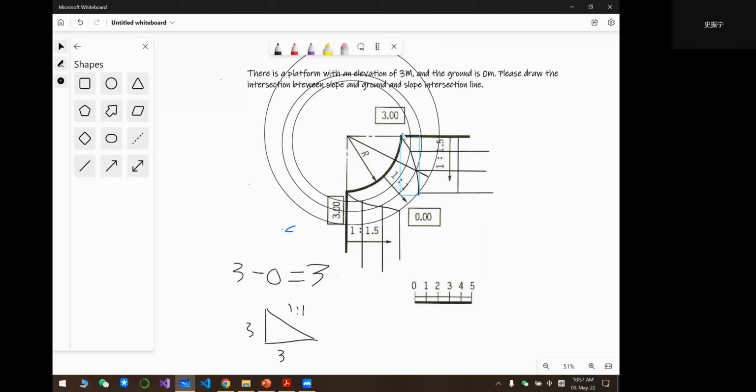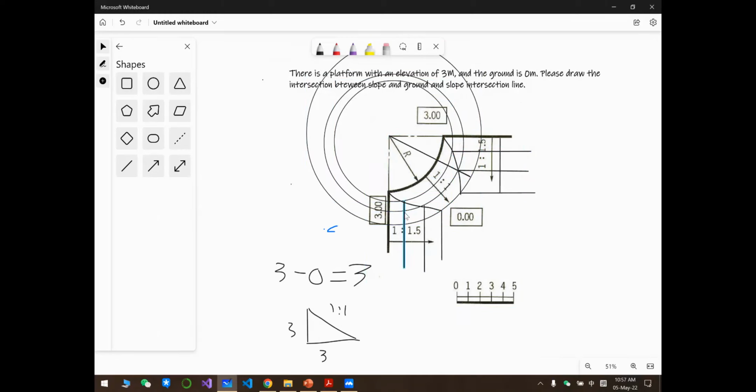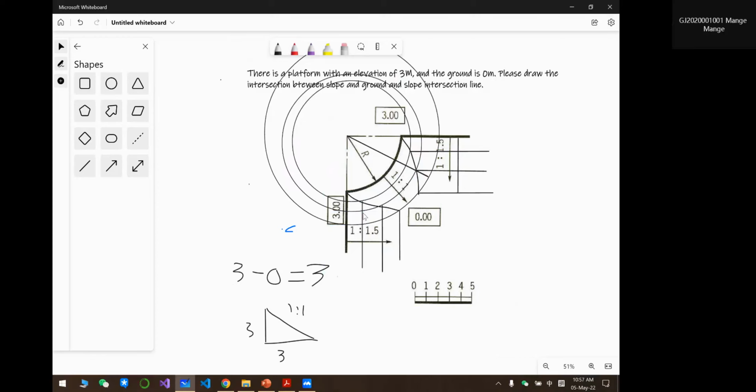That curve is the intersection line of the cone surface and the plane. So can you get it? Yes. It's not very difficult.